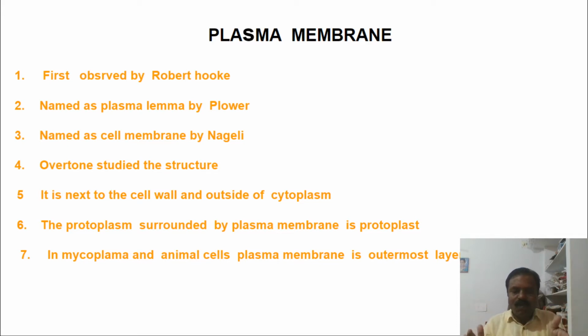Shrinkage of protoplast is known as plasmolysis. When the protoplast shrinks, the plasma membrane attached to the cell wall moves inside, and then we can observe it clearly. But generally it is attached to the cell wall, so it is not possible to observe it clearly. So the plasma membrane can be observed clearly in plasmolyzed cells.